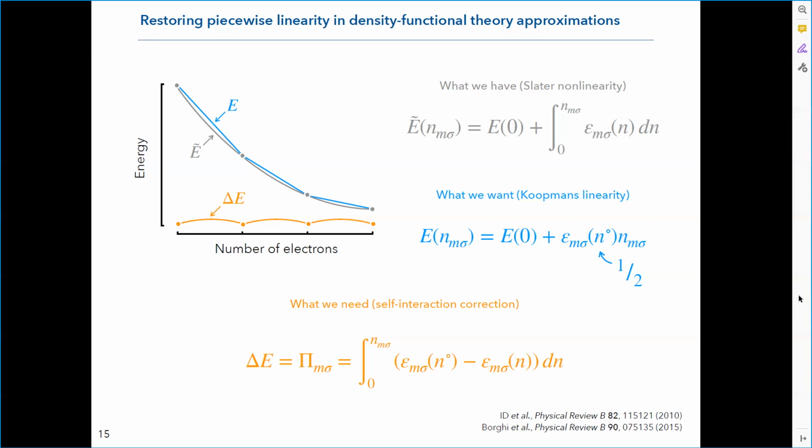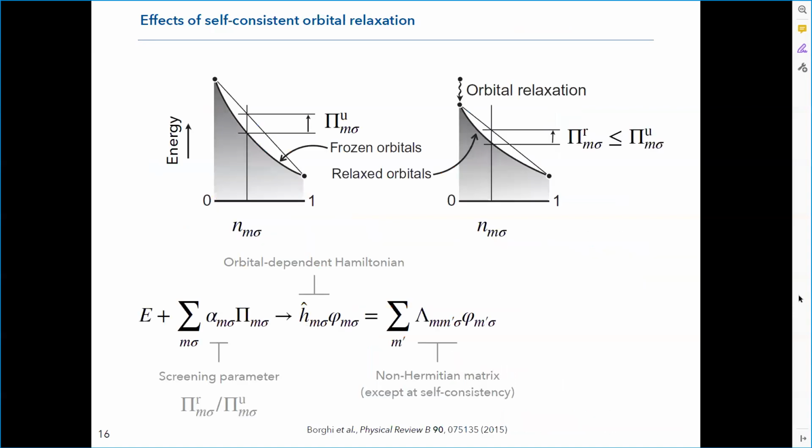Okay, so that's what we obtain. And this is what you need to add to the DFT functional to be able to correct for self-interaction error, in the same way that you add a U parameter, a U correction, to correct the non-piecewise linearity of standard DFT functionals. So an important caveat is that we need also to take into account the effect of self-consistent relaxation.